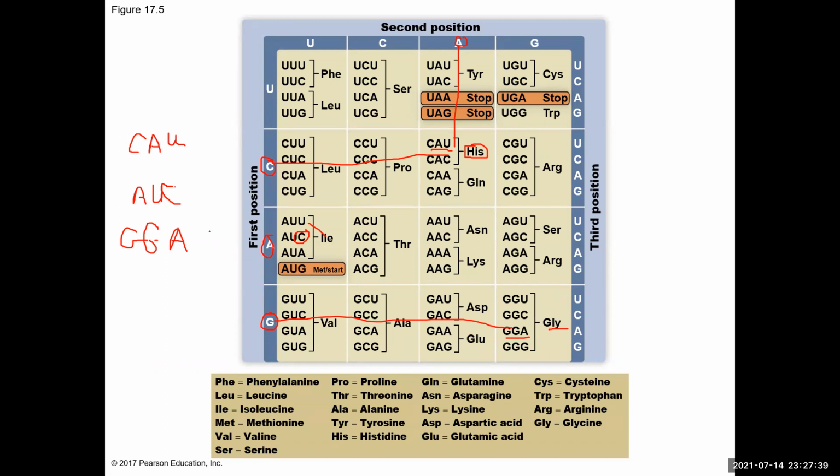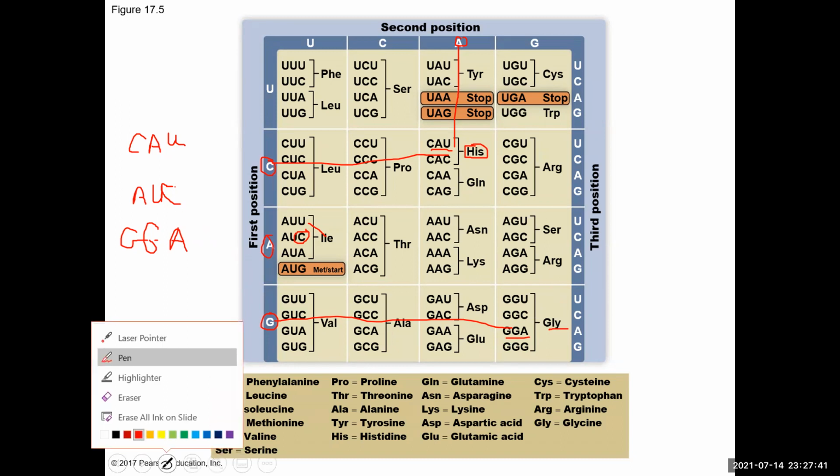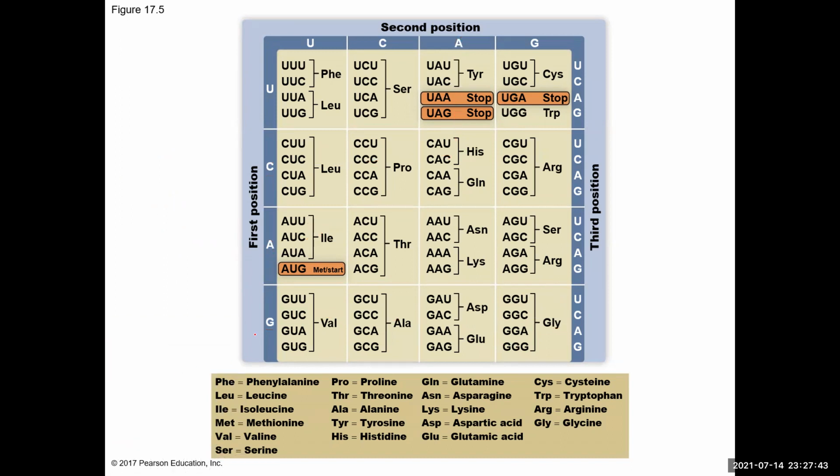And what I want you to notice is with this genetic code, generally if you change the third base of the codon, you don't really change the amino acid, right? Notice how GCX, so GC and any other base, always codes for alanine. Same thing for GUX, which codes for valine.